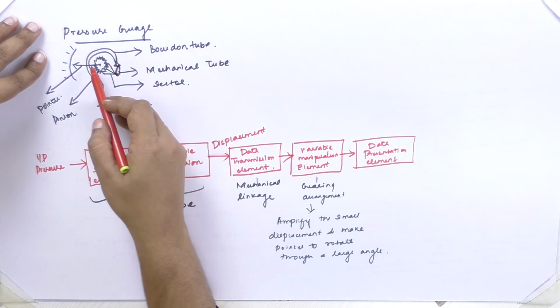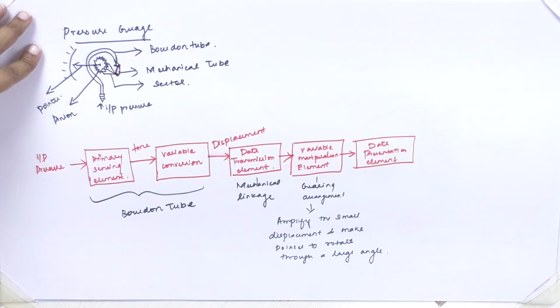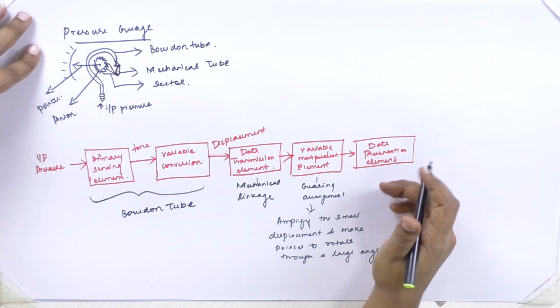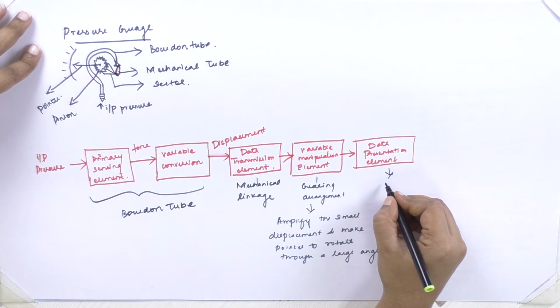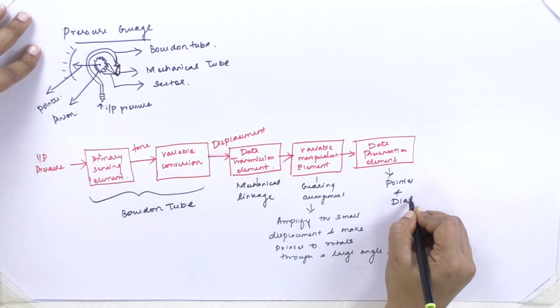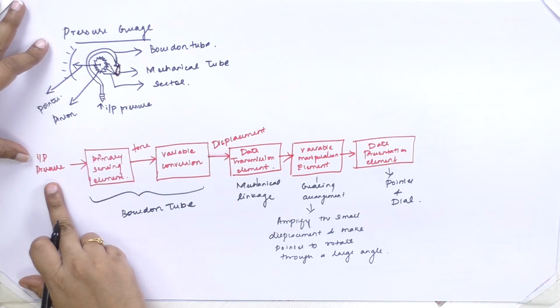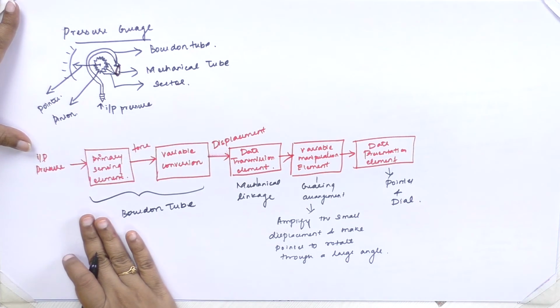Here we know that the pointer will show the quantity which is to be measured over the scale. So, the data presentation element will be the pointer and dial, which shows the quantity which is to be measured, which is nothing but the pressure. Is it clear?